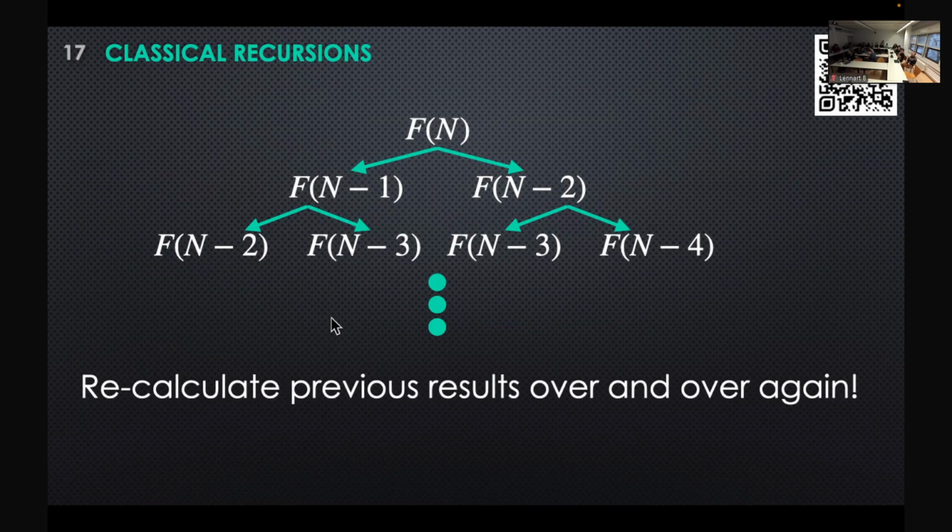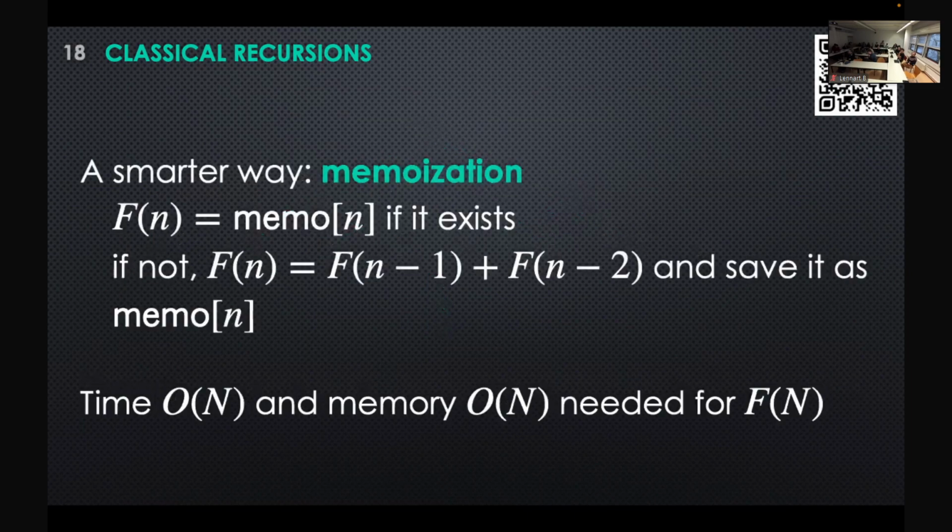For classical problems, people already found a very nice way to circumvent this problem, which is called memoization. Basically, you check if the result is already in the memo or not. If it is, you just output that result. If it is not, you calculate it and store it in your memo pad. In this way, you calculate each Fibonacci number only once, so time complexity linear in n is required.